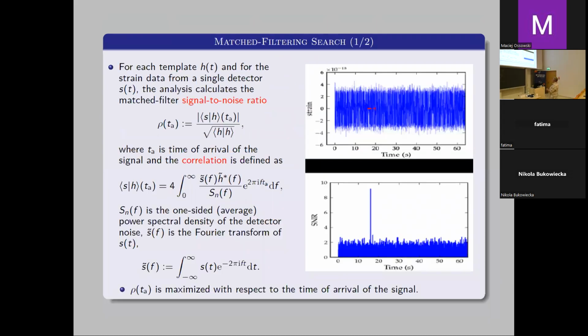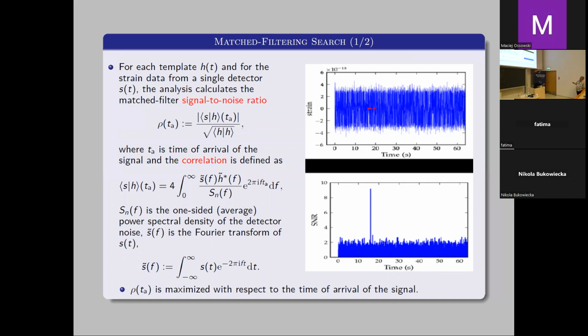But before this story, I will tell more about this matched filtering search in the simplest case to give you an impression about this detection statistic. So this is one of the possibilities. Let us imagine that we have some template h of t.